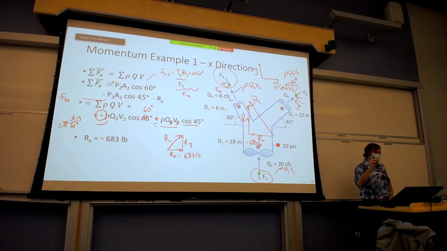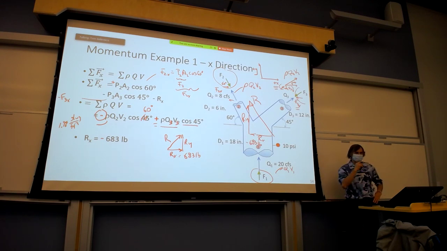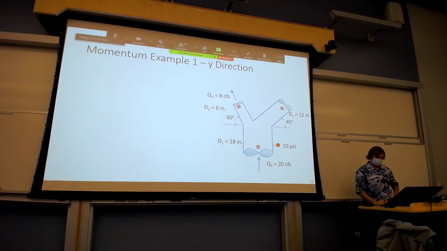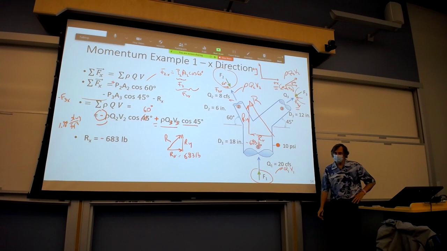And again, that's equal to a pound. We went over that. When you use slugs, that's MLT, and we typically do all of these analyses in FLT. So the dimensions are all consistent. Okay? Okay.